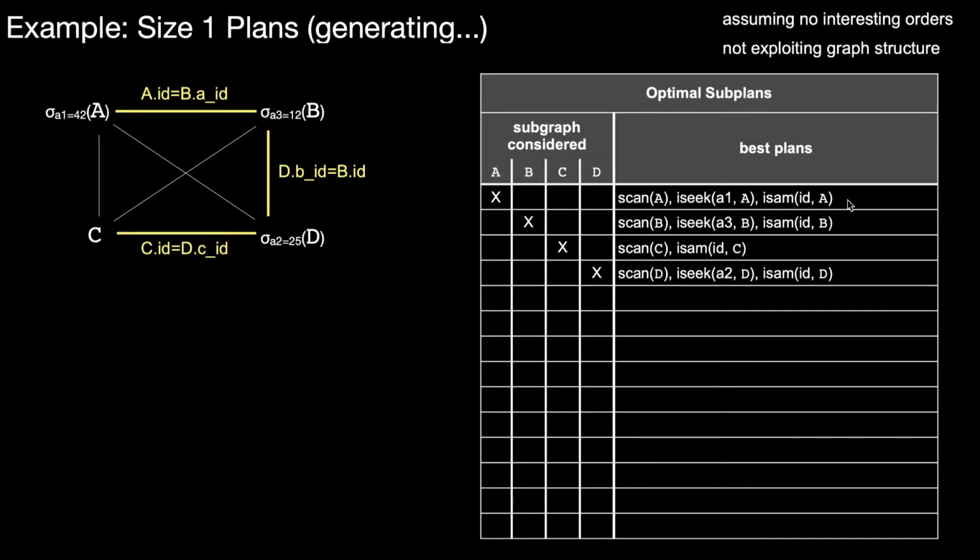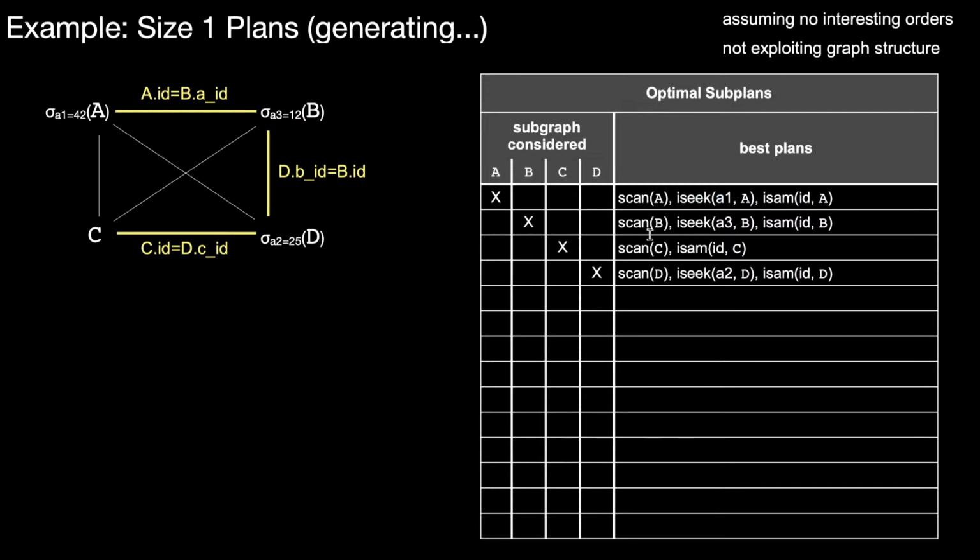And those are my different plans. Here, I could do a scan on A. I could do an index access using whatever, maybe that's an unclustered index. I could do an ISAM access. Those are the different plans I'm enumerating that are possible here. And I do that for each and every one of those subproblems of size 1. So for B, maybe it's also a scan.